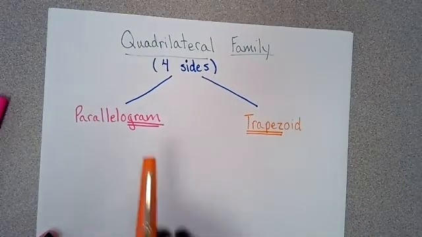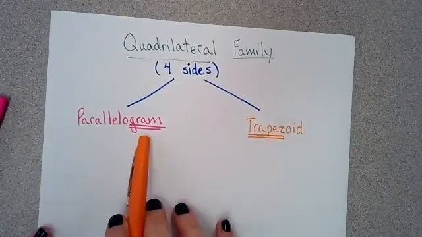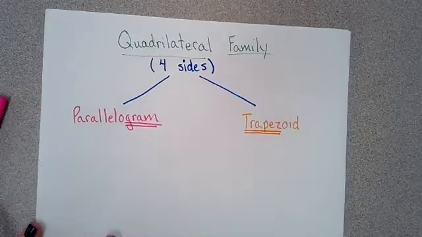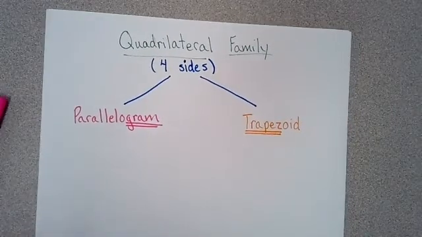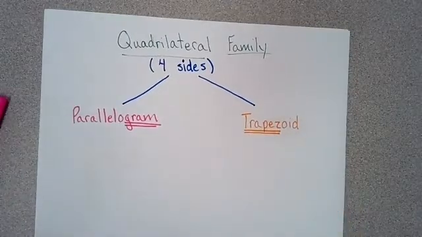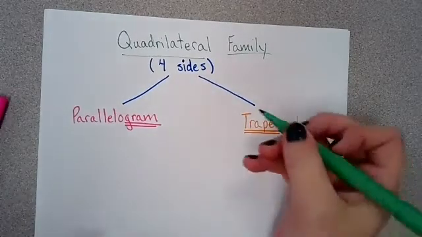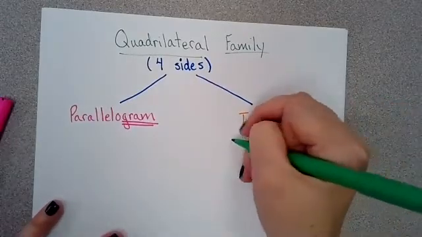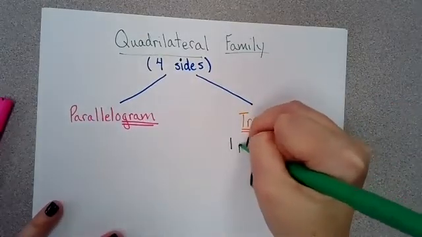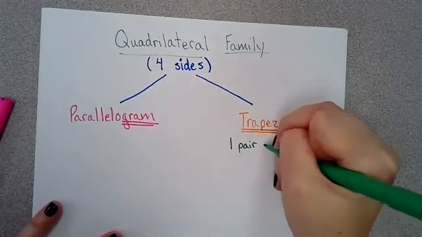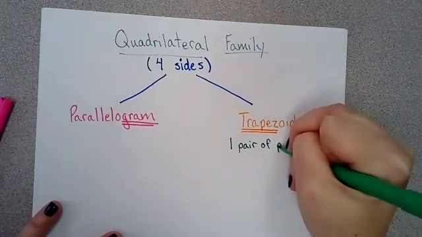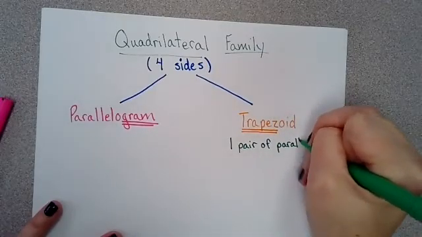And since they are both part of the quadrilateral family, both of them have 4 sides, but they look different, okay? So Trapezoid has 4 sides, but he's only got 1 pair of parallel sides. So write 1 pair of parallel sides.